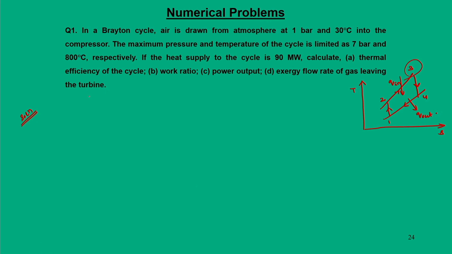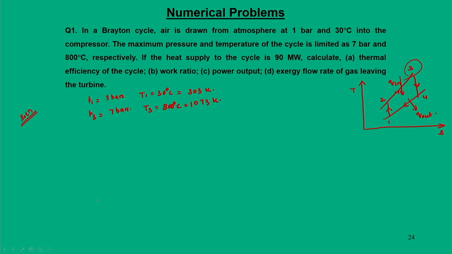To start, let us recall the data that we have: P1 as 1 bar, T1 as 30 degree centigrade, which turns out to be 303 Kelvin. Then P3 is 7 bar and T3 is 800 degree centigrade, which turns out to be 1073 Kelvin.